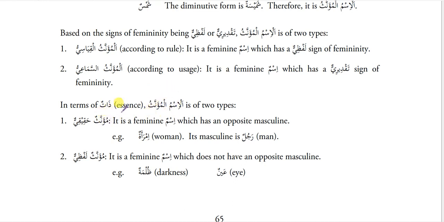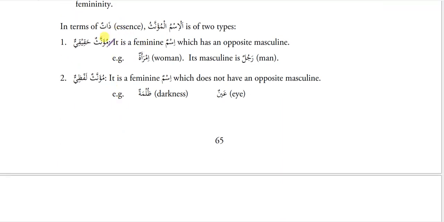And in terms of zat, essence, al-ismul muannas is of two types. One is muannas hakiki, a feminine muannas which has an opposite masculine, like imraatun, its masculine is rajulun. So there is also one category of muannas which is based on the essence, zat or person, where any word for anything, animal or human, which has an opposite gender present, that word will be known as muannas.